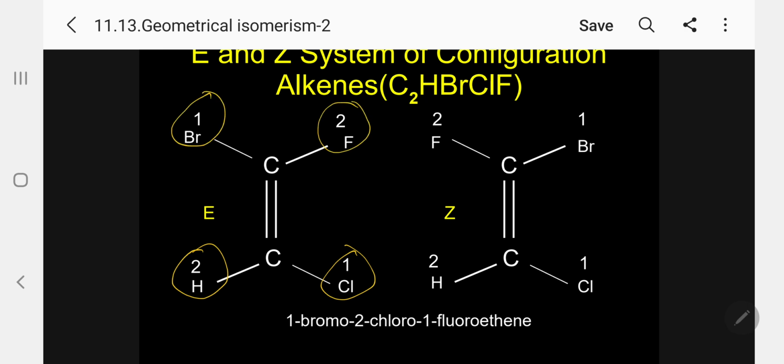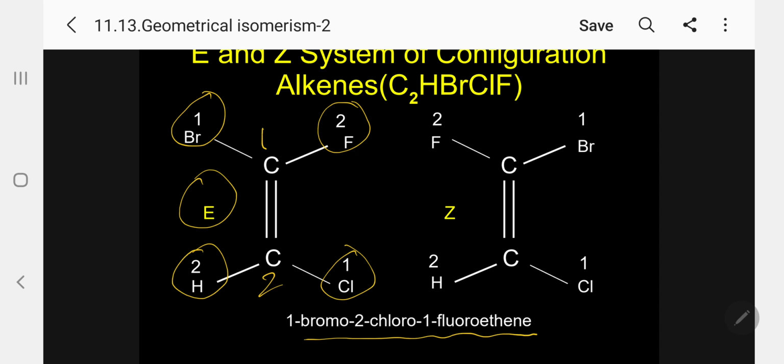I have fixed it. I see now 1 and 1 opposite, 2 and 2 opposite. So this is E. Now I have to name it. This is carbon 1, this is carbon 2. So I will start now. The name is 1-bromo-2-chloro-1-fluoroethene. This is the IUPAC name.